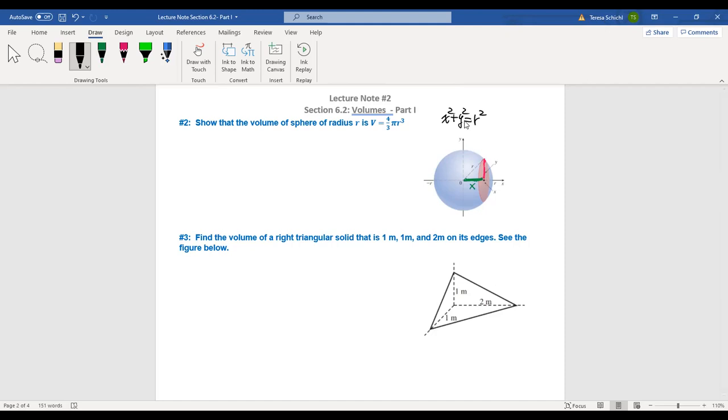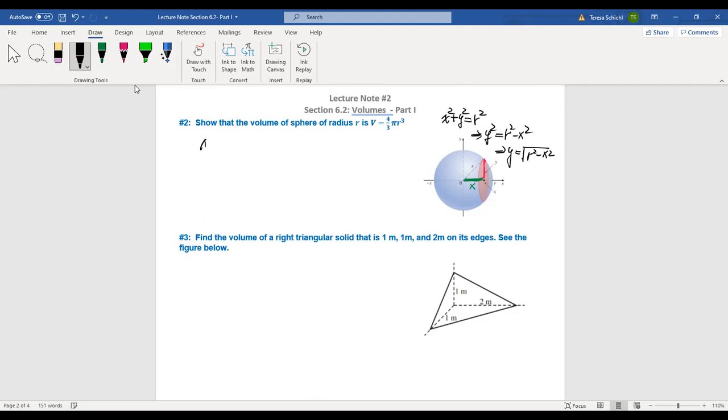Y is the radius for this slice, the pink one. So I can simplify: y squared is equal to r squared minus x squared, so y is equal to the square root of r squared minus x squared. This is the radius for this little slice I cut.